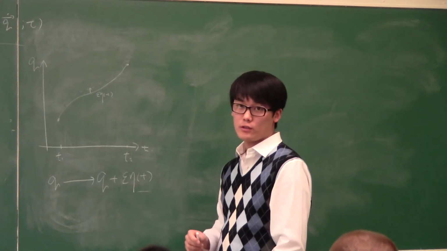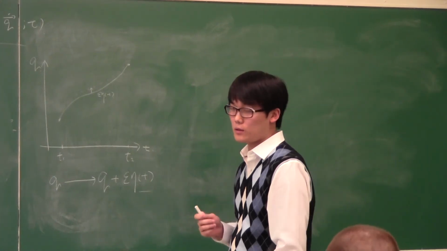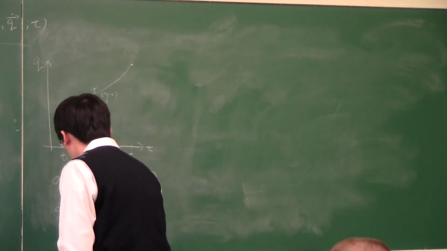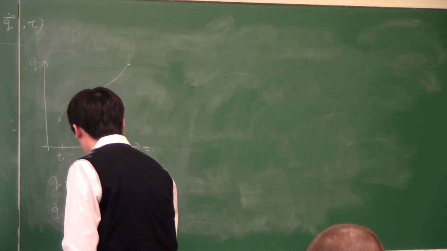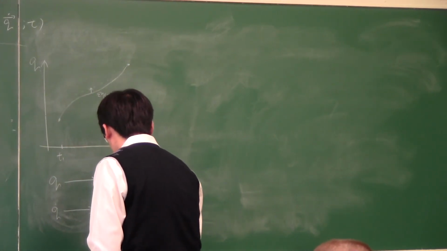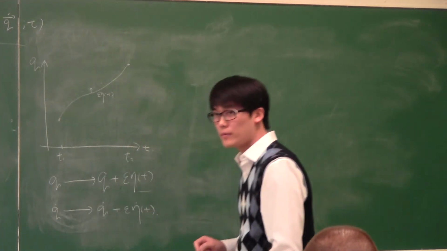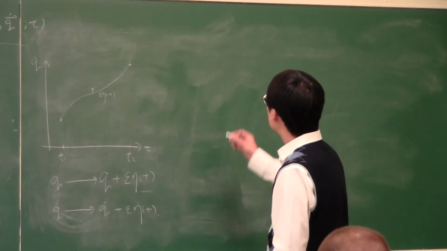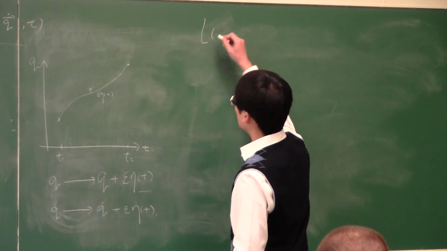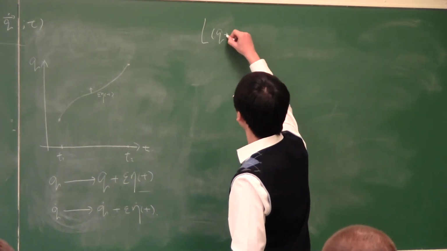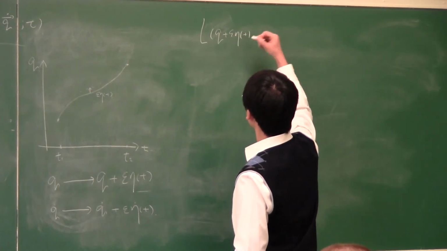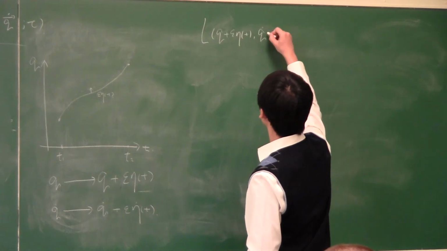And then this epsilon is just an infinitesimally small quantity. Okay. And then of course the time derivative of q goes into this. Okay. And then the new Lagrangian, formally, I just plug in the updated arguments.